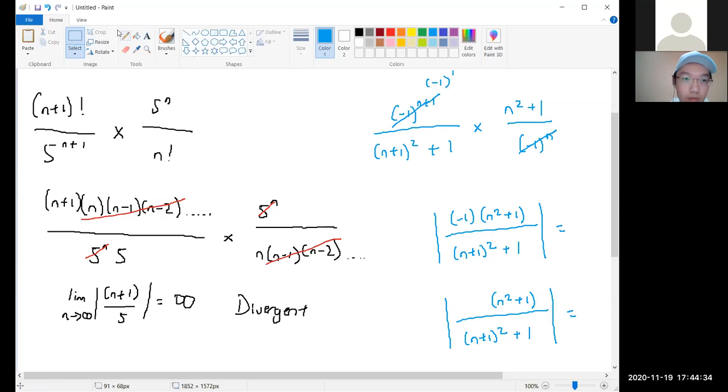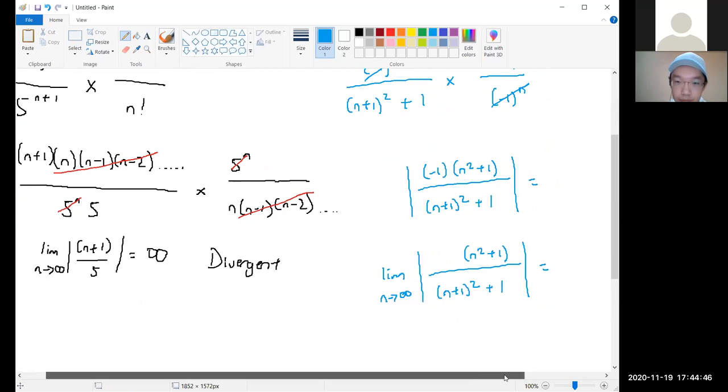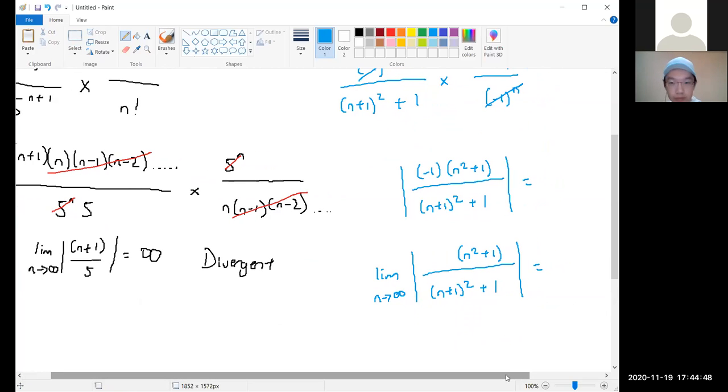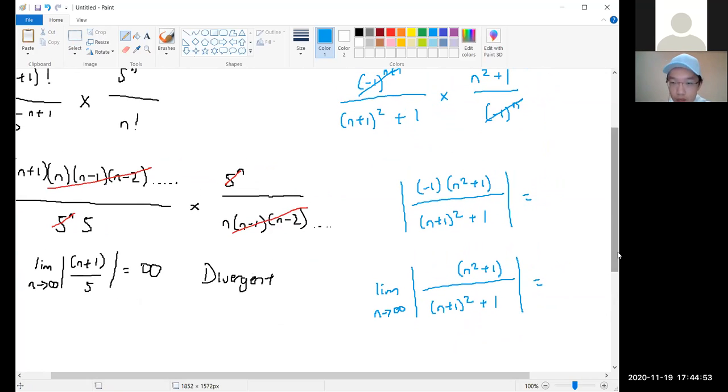Okay, so from here you can take the limit. So when you take the limit as n goes to infinity, what do you get here? Yeah, you get 1. And very quickly, why do you get 1 again?